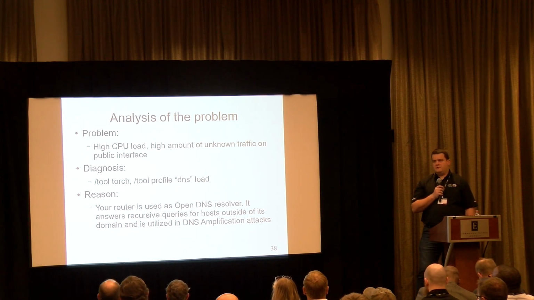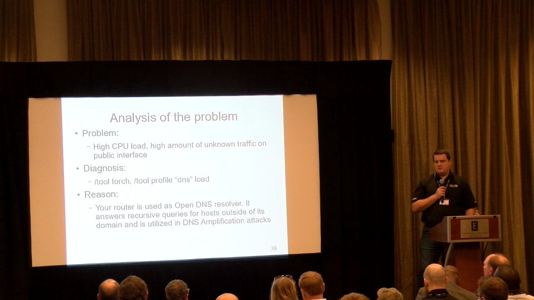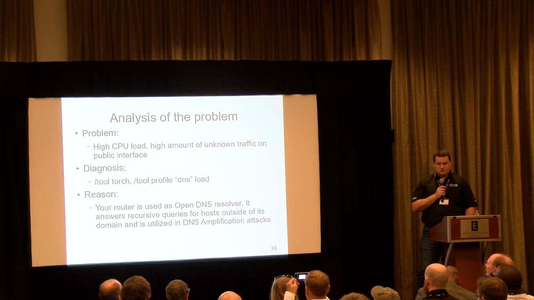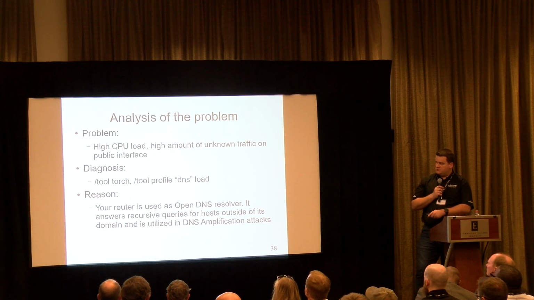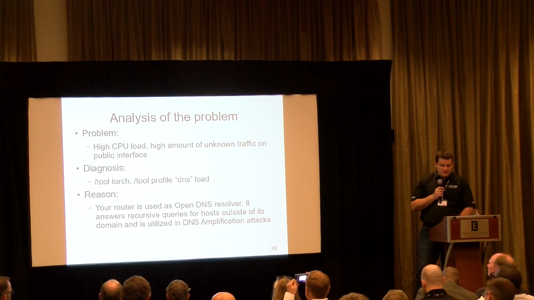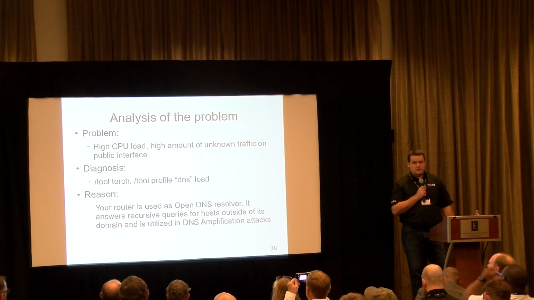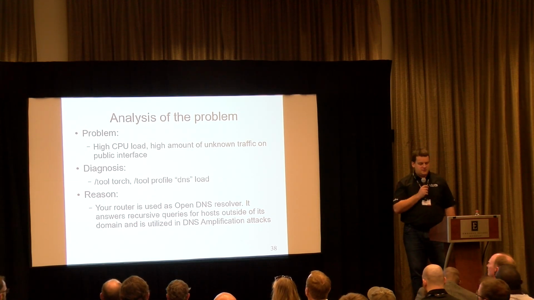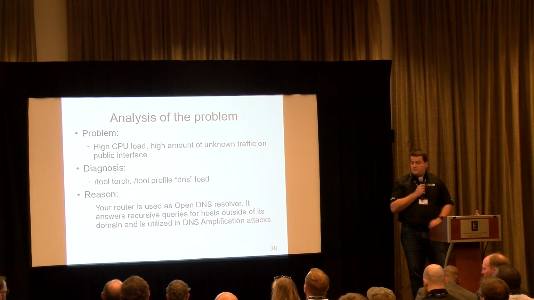I will tell you a secret: there's no such thing as unknown traffic in MikroTik. You should use tool torch, tool profile, or even tool sniffer. You can find out exactly what the traffic is. And basically, in this case, the profile also shows DNS load.